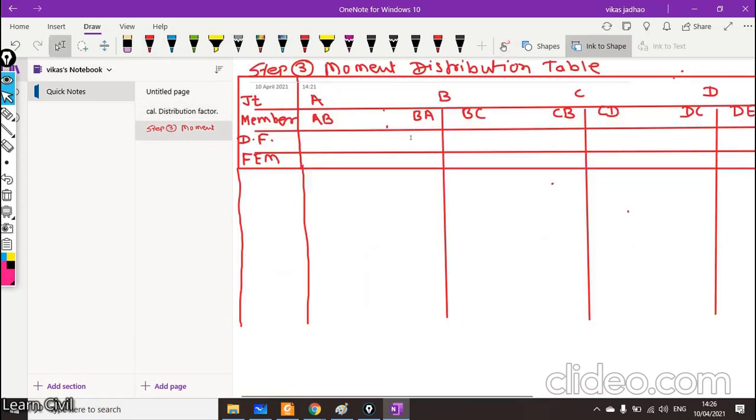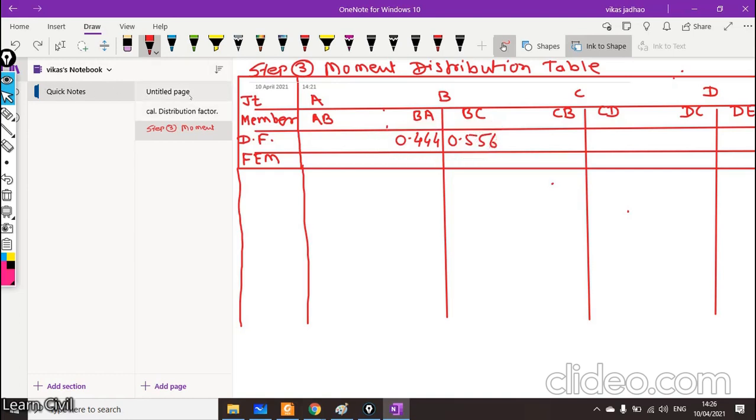So we'll write down the distribution factor values here. This is 0.444, and it is 0.556, because the sum of these two should be 1.